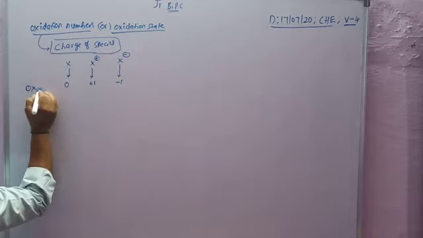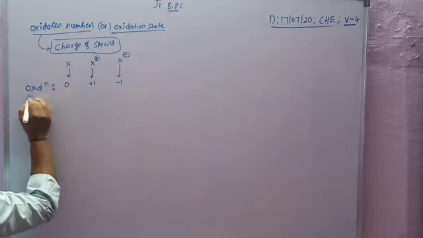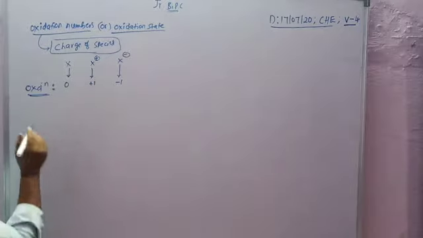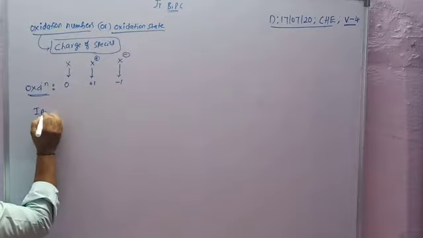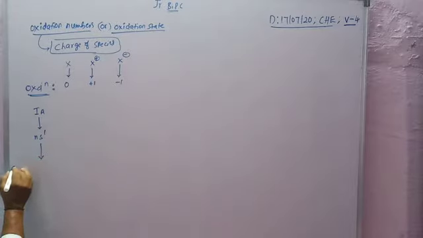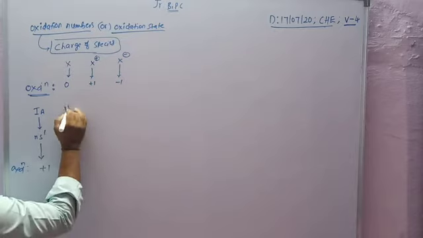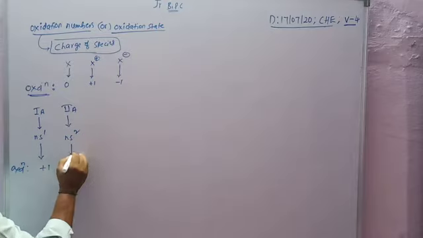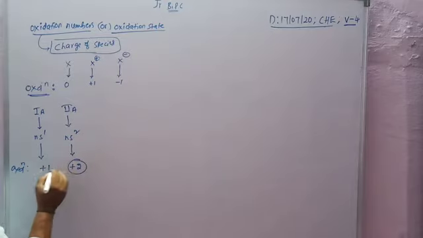So these are the oxidation numbers. Generally, the oxidation number is equal to the number of valence electrons. For example, first A group has electronic configuration ns1, and its oxidation number is +1. Second A group elements, configuration ns2, oxidation number +2.